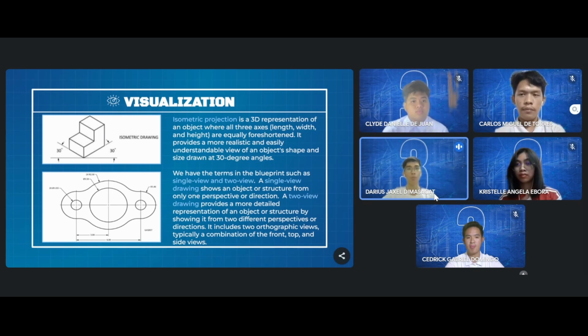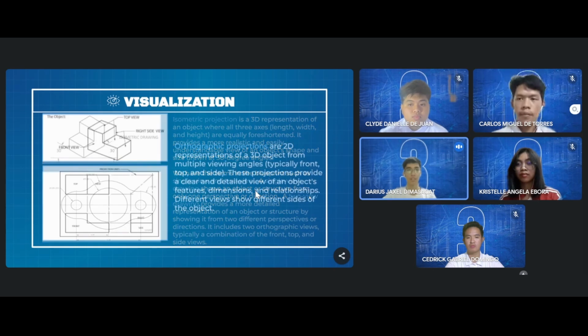It's like having two pictures to give a more complete and accurate understanding of the object, making it useful for more complex things that need a detailed representation. Single view is simple while two view is more detailed and informative.